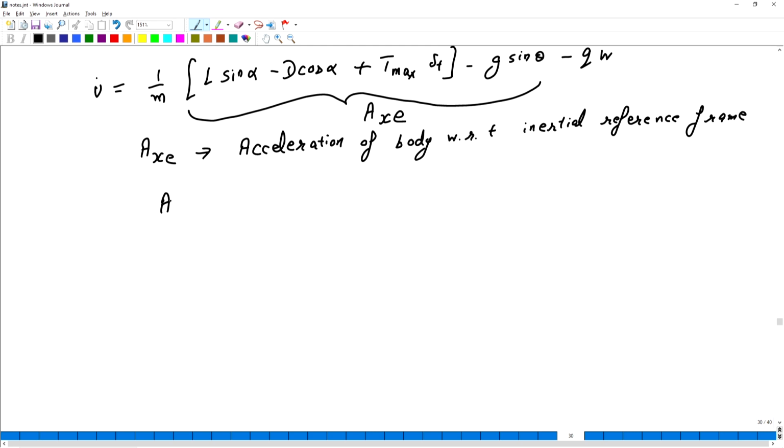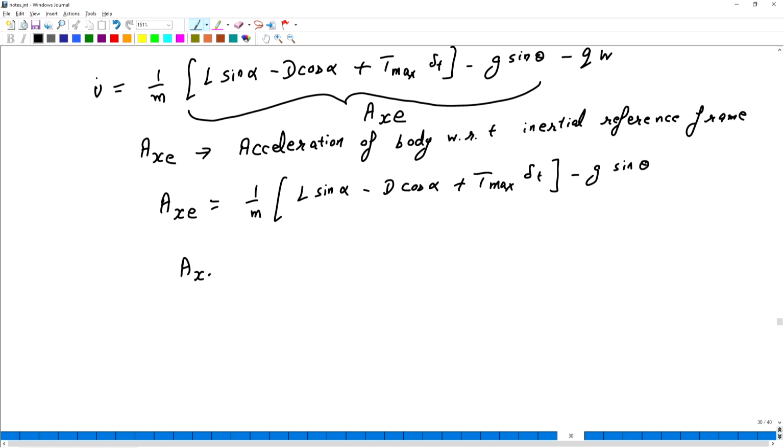So AXE equals 1 by m times L sin alpha minus D cos alpha plus T max into delta T, minus g sin theta. Further, let me write this as AXE equals forces in the x direction, which is nothing but the aerodynamic and propulsive forces divided by m, minus g sin theta.